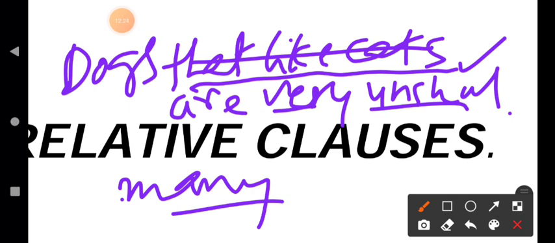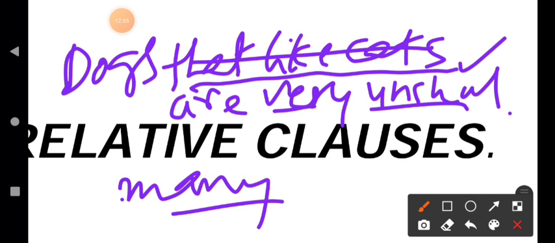Dogs are very unusual. If you remove this defining relative clause, that like cats, from the sentence, what happened? It would still be grammatically correct: dogs are very unusual.